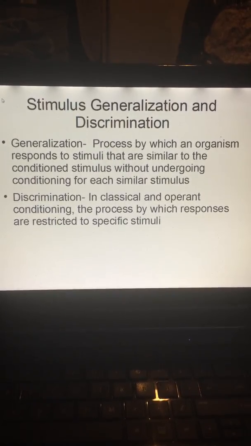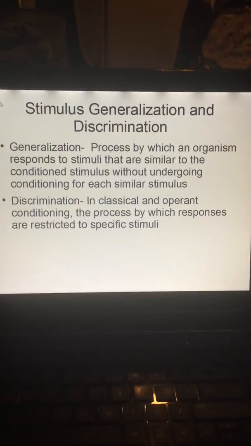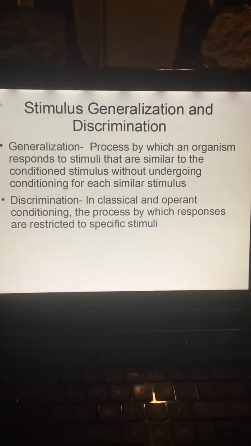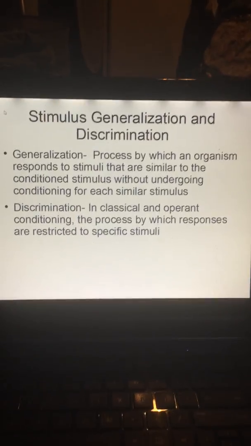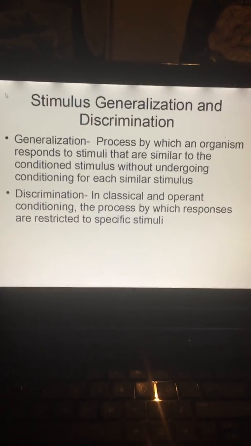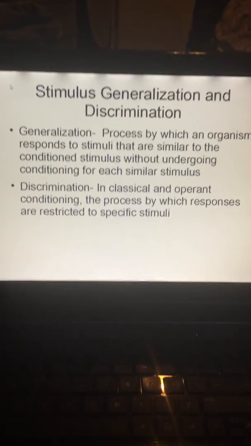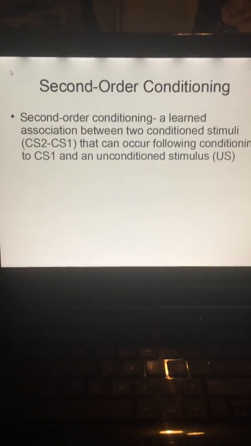In this case, you want Little Albert, hopefully, to be afraid of only the white mask, or only the white rat. However, in this case, he indicated generalization, which means he reacted to everything else similar to that. He didn't really react to that one specific stimulus.